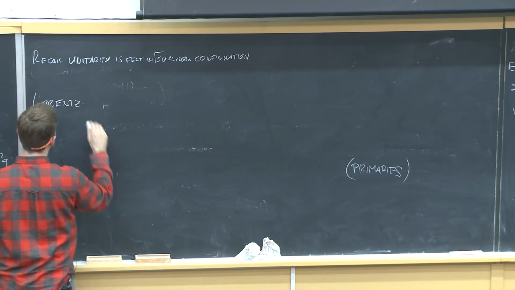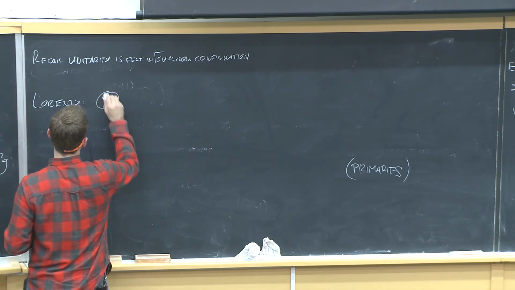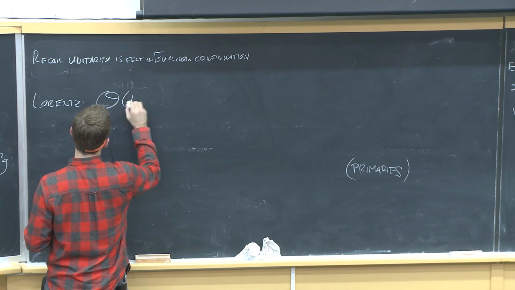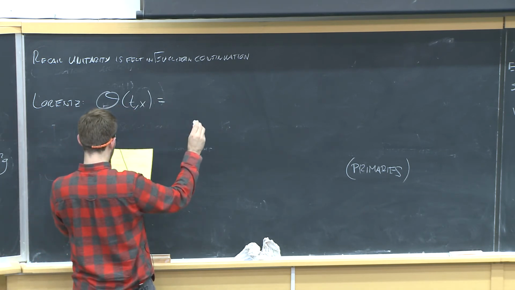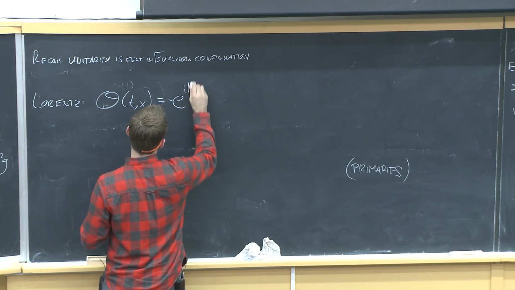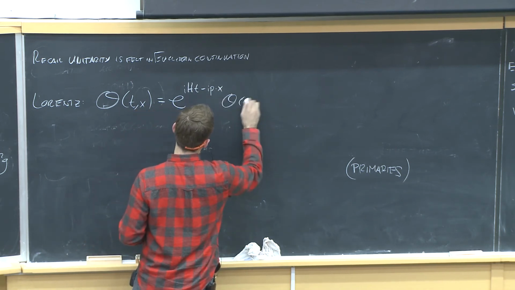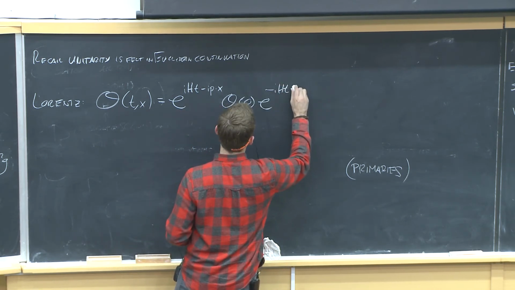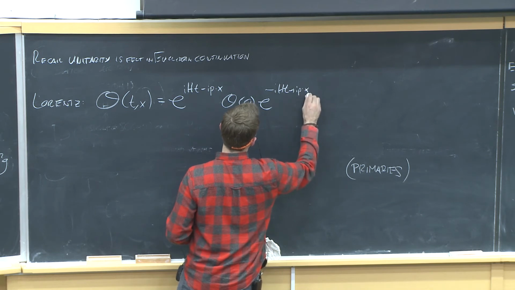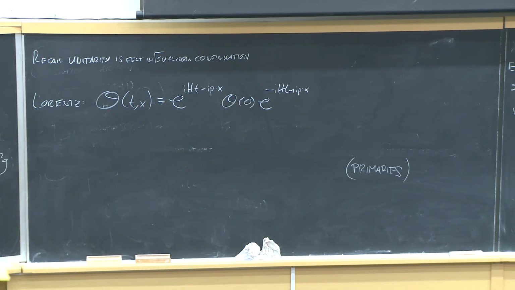So in the Lorentzian theory, I have operators which I can meaningfully describe as Hermitian, that, as usual, are obtained from operators inserted at the origin.